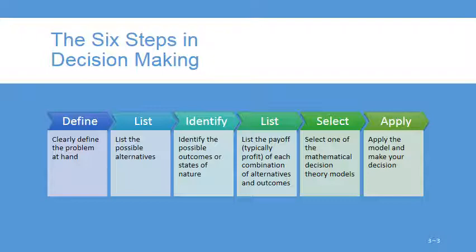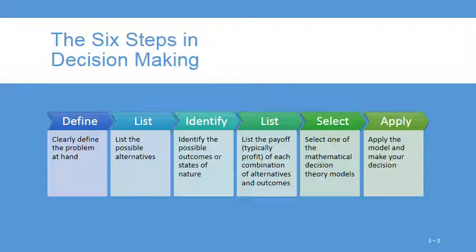Now, how would we choose between those alternatives? How would that choice be affected? The next step in the process is to identify the states of nature. For investments, the states of nature would be either a favorable market, where the market goes up, or an unfavorable market, where the market goes down.